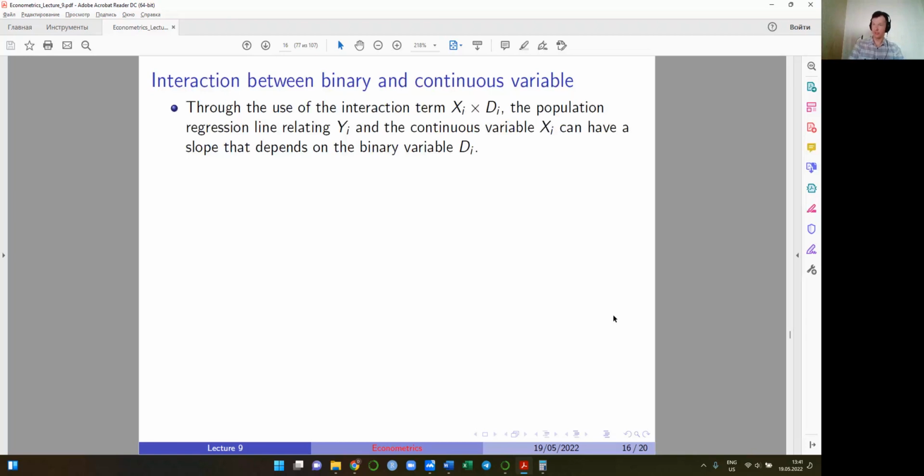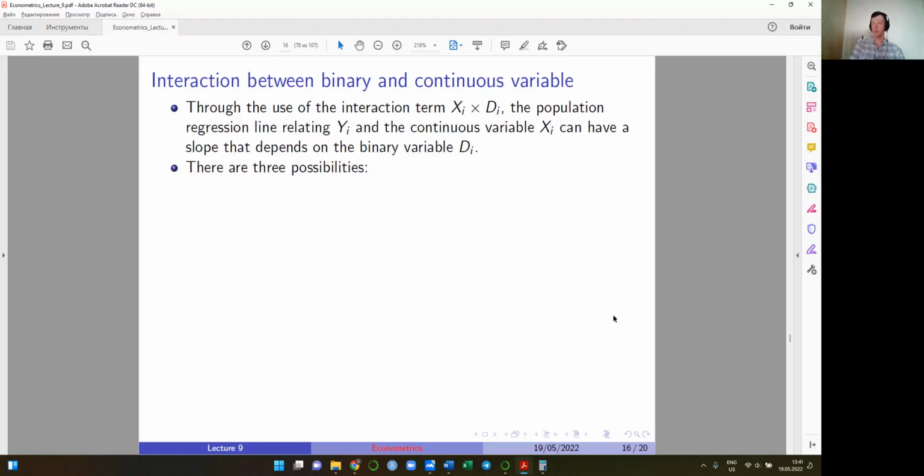There are two additional cases about the interaction term that are very similar. What happens if we have one continuous variable and one binary variable? In this case, the logic is the same. The binary variable switches the groups, and the continuous variable shows the effect of this variable on the outcome variable.